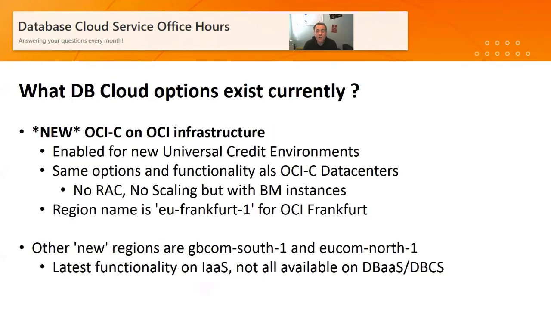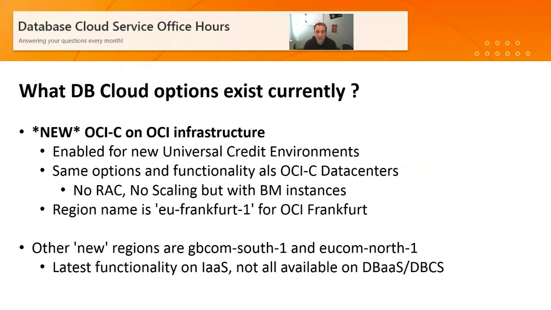So what is new in the options is that you can now have an OCI Classic interface and OCI Classic functionality, but then your database or your instance running on OCI infrastructure. So on the fast OCI VMs, on the fast OCI Bare Metal, but then with the OCI Classic environment, with the OCI Classic options, OCI Classic interface running on the system.